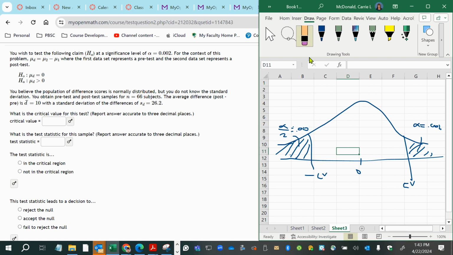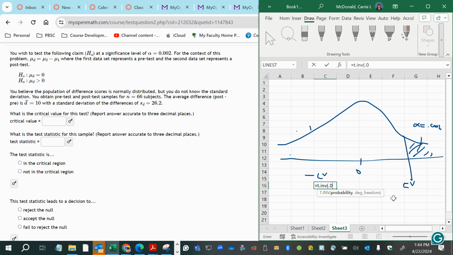If it had been two tails, then I would think of each tail as 0.001. But because this one has a greater than symbol in the alternative hypothesis, this is a right-tailed test, and I would not have this left tail at all, and the full alpha would be just in the right tail. So I'm going to have a positive critical value with an area of 0.002 to the right.